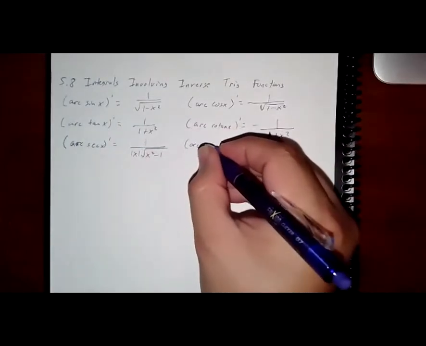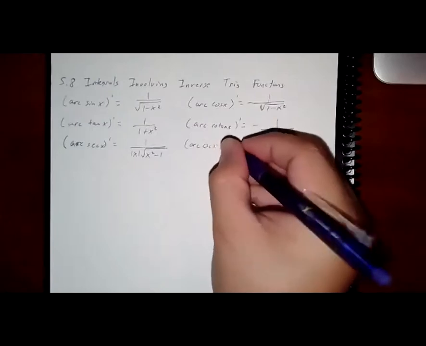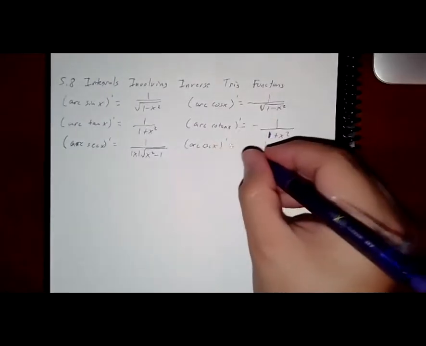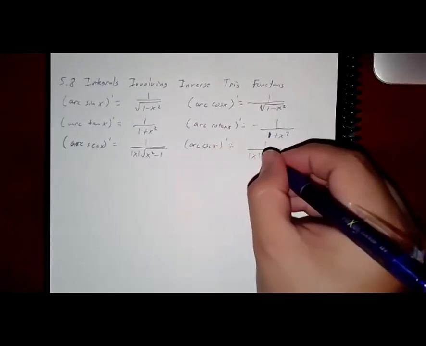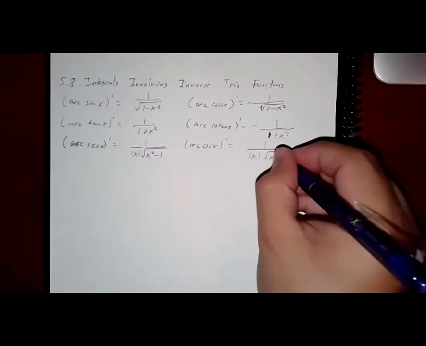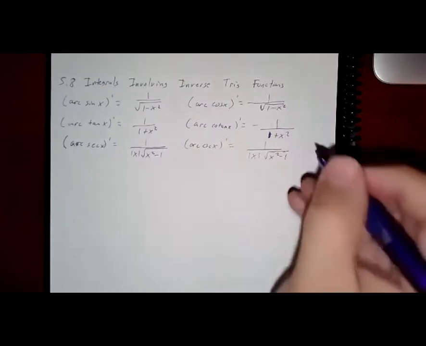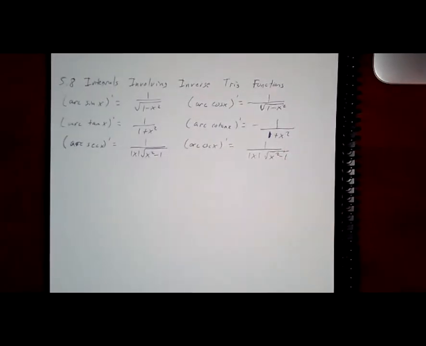The arc cosecant will be 1 over the same thing, with a minus. So obviously, if I integrate, we'll go the other direction, right?